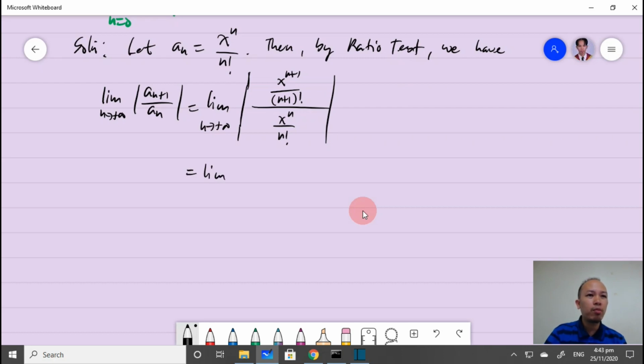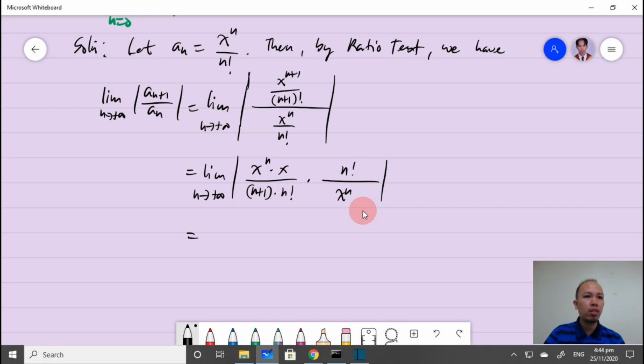Okay, simplify. So we have x to the n times x over n plus 1 times n factorial. Then the denominator here, this will become this one, as n approaches positive infinity. So I guess we can cancel out this one here and also this one.